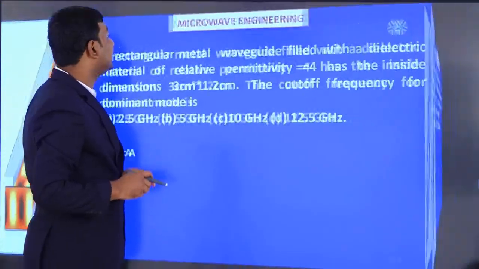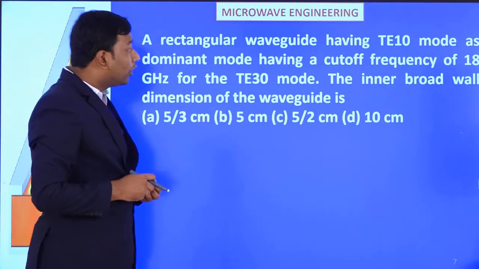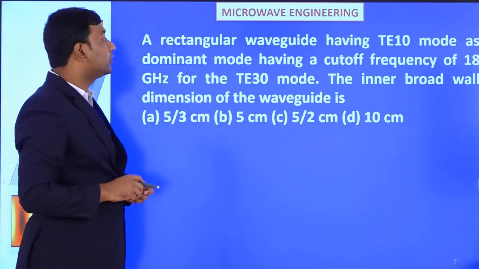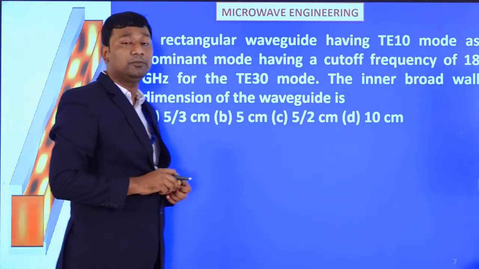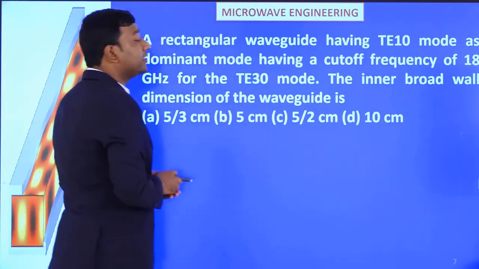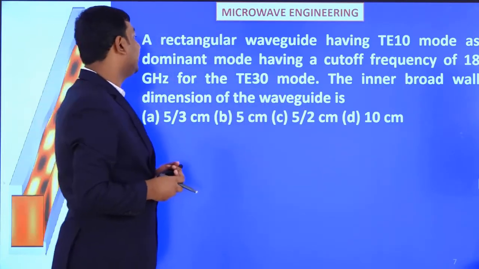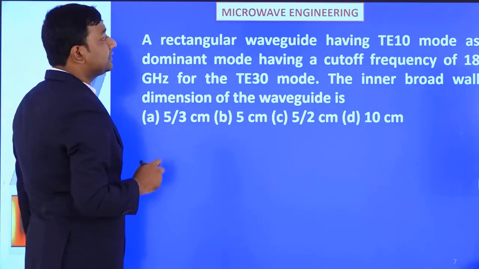Now we'll see the next question. A rectangular waveguide having TE10 as the dominant mode has a cutoff frequency of 18 gigahertz for the TE30 mode. The inner broad wall dimension of the waveguide is, so we should find out the value of a. Here, given for TE30 mode, the frequency is 18 gigahertz.